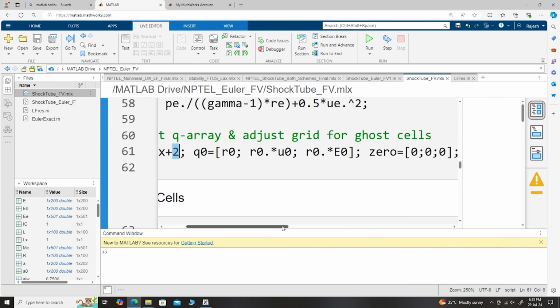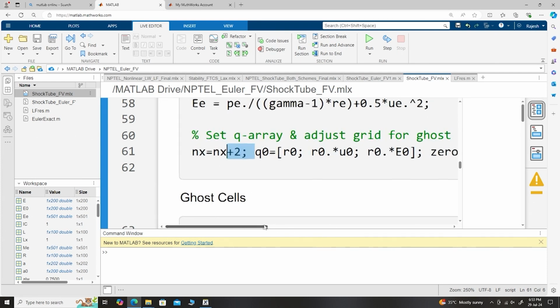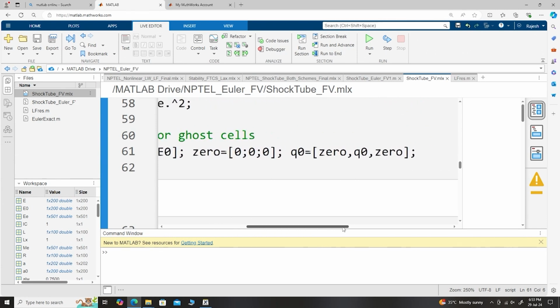We will reduce it again while plotting, and then we have this array of the conserved variables, rho, rho u, rho e, and then we have to pad the left cell and the right cell with the ghost cell. So, this is my q 0 and I padded 0 0 0 value just to give the boundary conditions in the ghost cell.